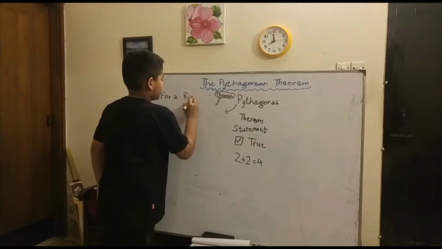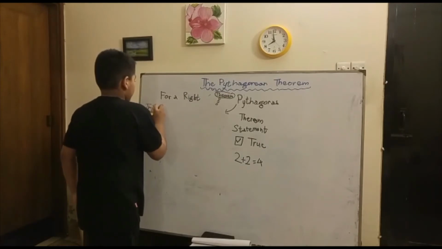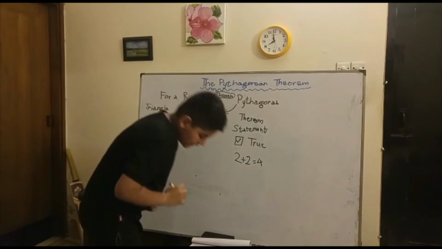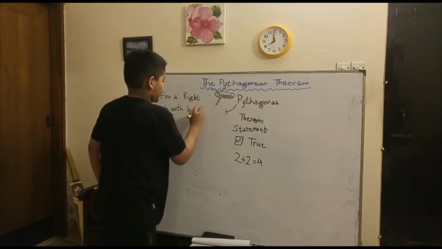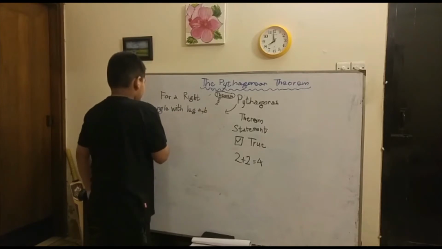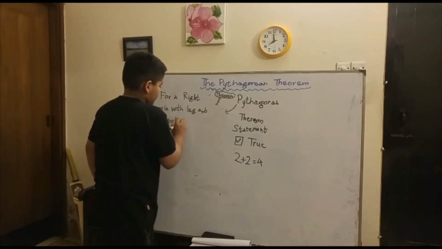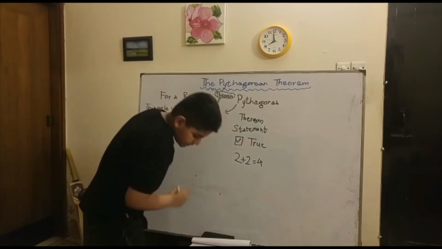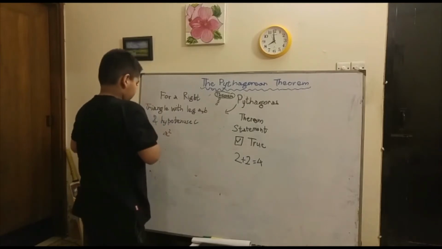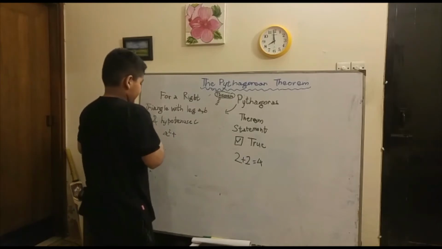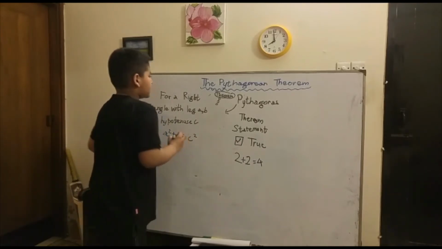For a right triangle with legs A, B, and hypotenuse C, A squared plus B squared equals C squared. So this is the Pythagorean theorem.